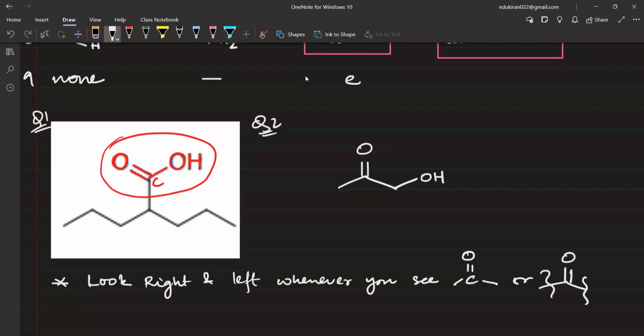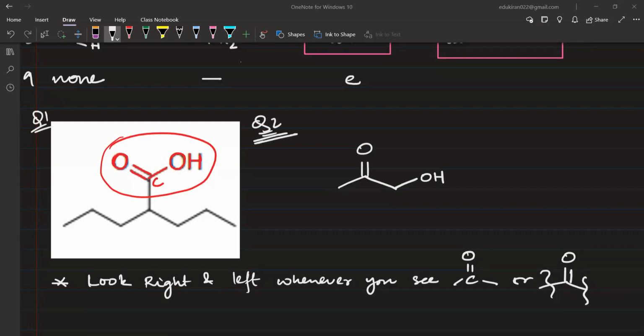Then what you need to do, you are going to look right and left. Now tell me for the second one, Hafsa, Rabia, Rabba, all of you tell me, what is the functional group for the second one? So for the second one, it's O only. Please write the name in chat. Please write in chat what will be the functional group name here.